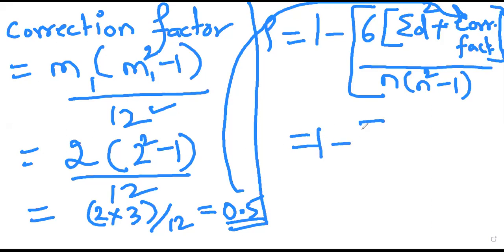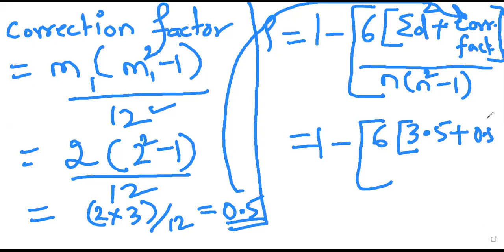I actually expect everyone to be a little bit fast with the calculation. Summation d square was how much? I remember it is 3.5. So 3.5 plus 0.5, whole divided by n, n was 4, so 4 into 4 square minus 1.